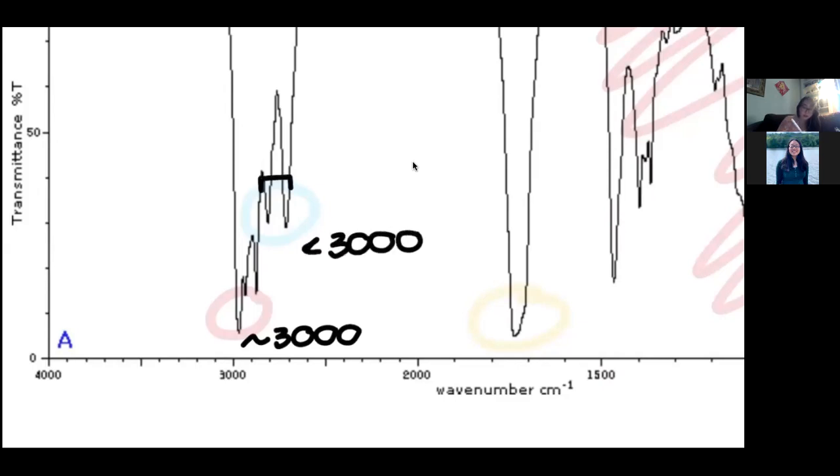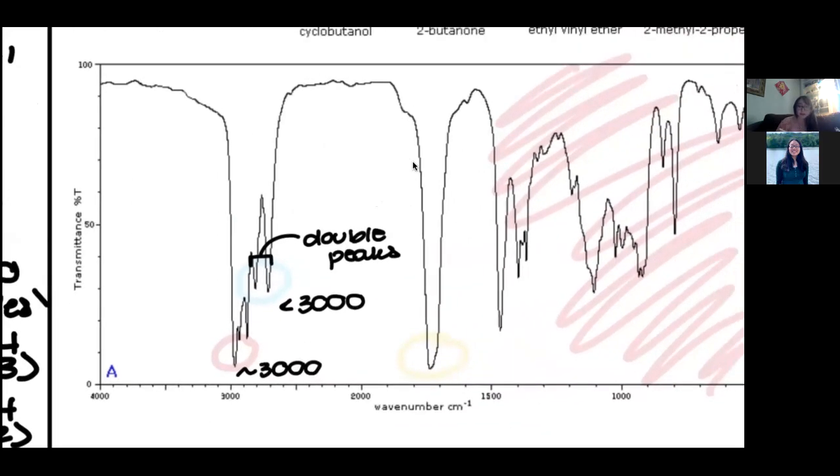Notice that this is a double peak: two peaks at approximately the same intensity, slightly different wave number locations, but very, very close. Last but not least, this yellow guy, I'm going to say maybe at 1750, is my guess.